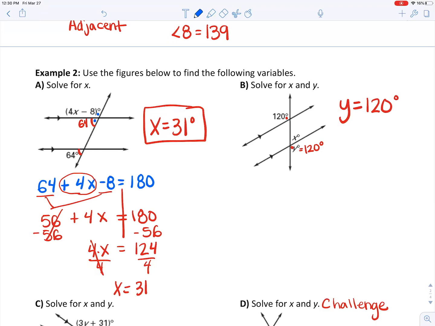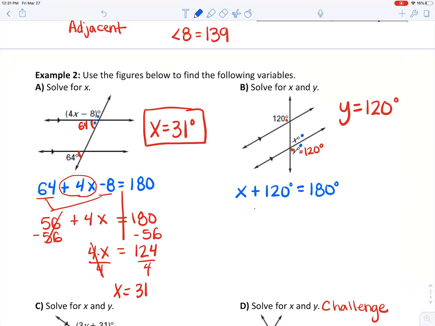Now the next part is I need to find x. So taking a look at these two angles that I'm identifying as blue there in the picture, x and y, which we know is 120, that makes a linear pair, which if you add those together, that is 180 degrees. So I know that x plus y, which we said is 120 degrees, equals 180 degrees.